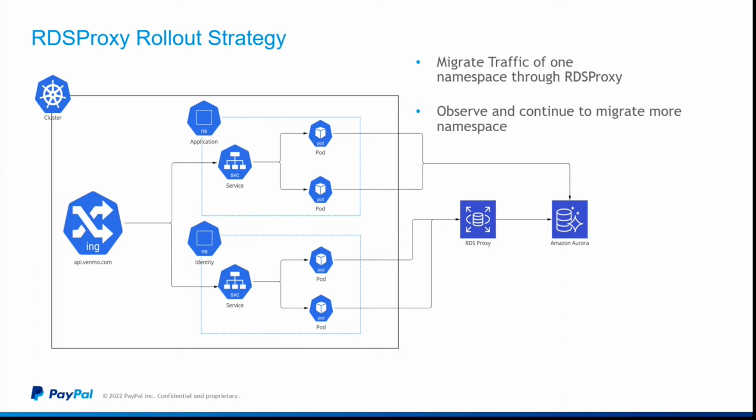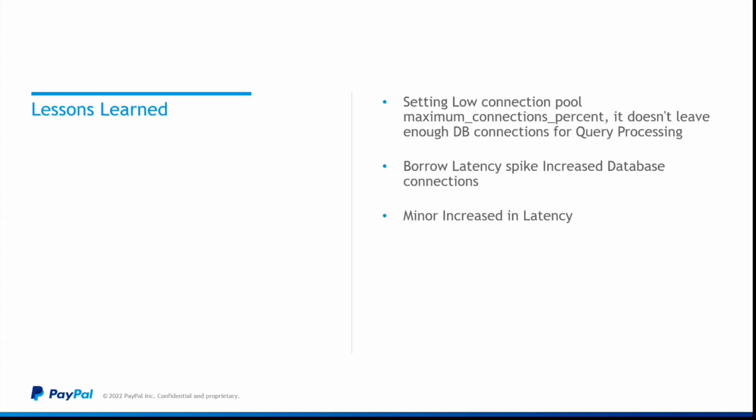Let's look at some of the lessons we learned while implementing and rolling out RDS proxy. While we were testing things in the non-production environment, we started similar to production, going through the exercise of verifying the runbook that we're going to use in production. We started by moving one namespace to RDS proxy.